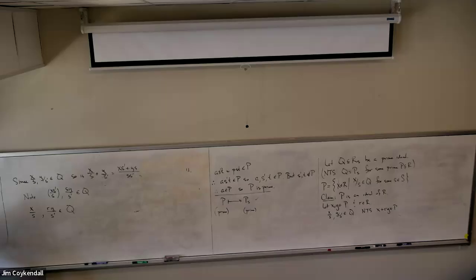So what I want to do here is multiply this by S prime over S prime, and this by S over S. There's no harm in doing that, right?